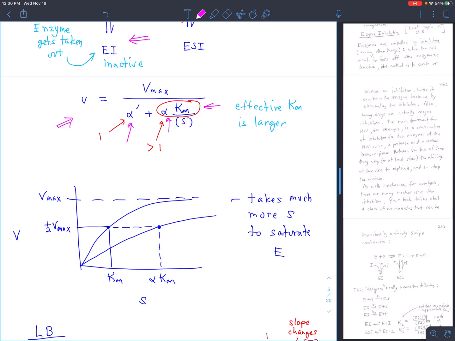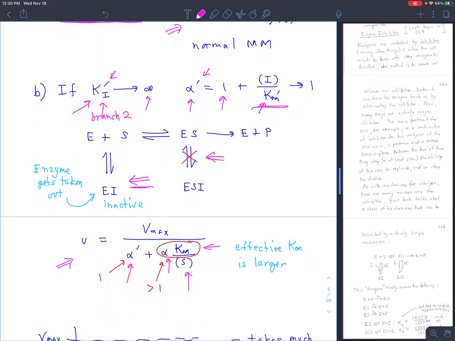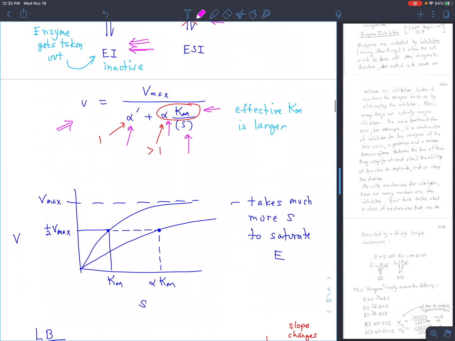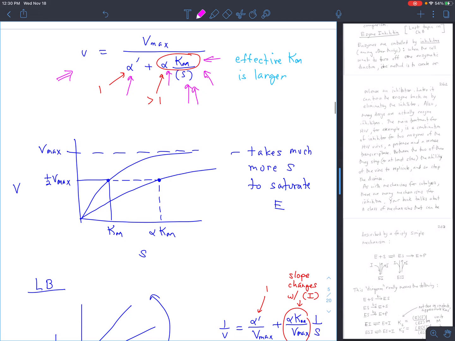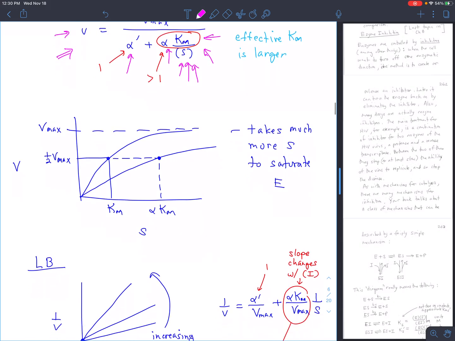We're making that effective Km bigger, which means that we're making it harder for substrate to bind effectively. Basically, truly what we're doing is taking some enzyme out of circulation, but it appears in the Michaelis-Menten formula as if we were making it harder for substrate to bind. Basically, we're competing for less enzyme, in effect. And therefore, for a given value of S, we're going to make the velocity smaller.